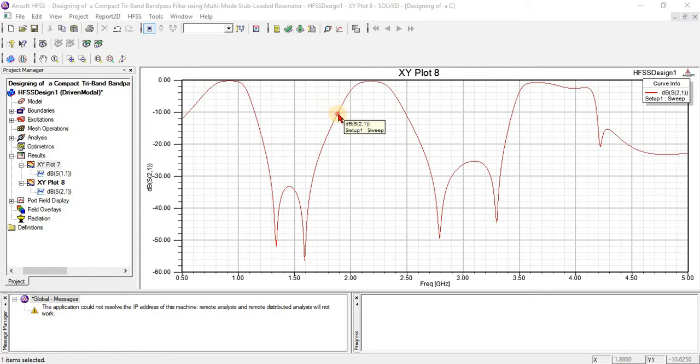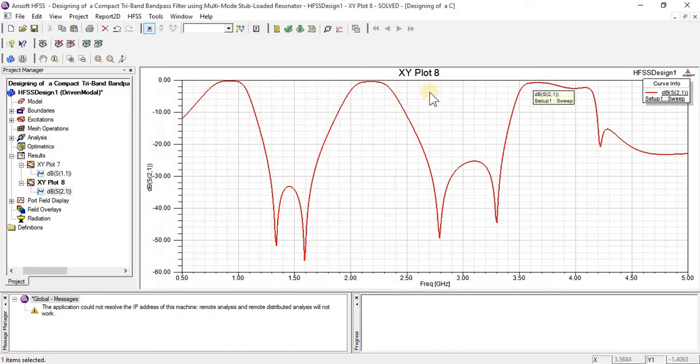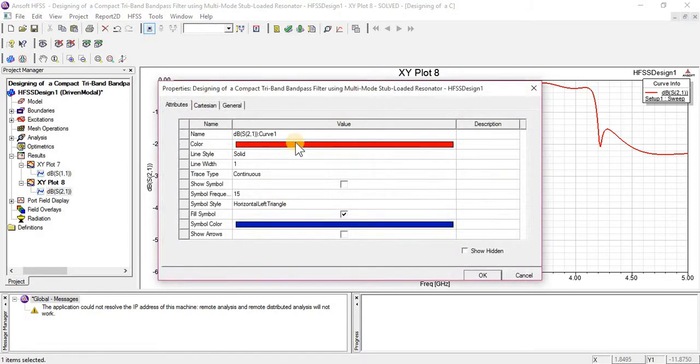Now first of all I am going to make some changes in the graph properties. If you don't know how, you can search in my HFSS tutorial series. Double click on HFSS.